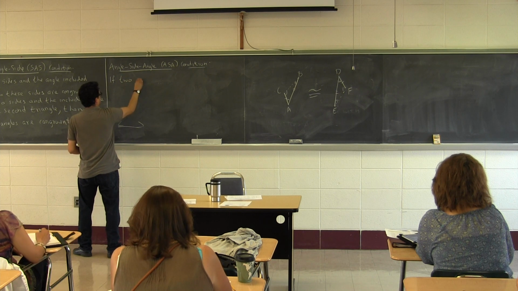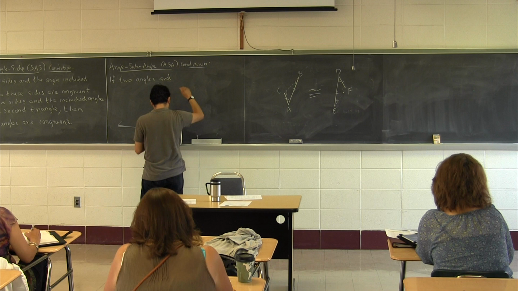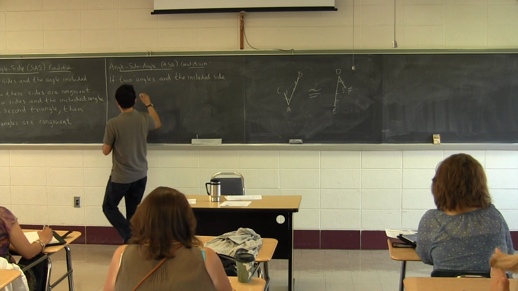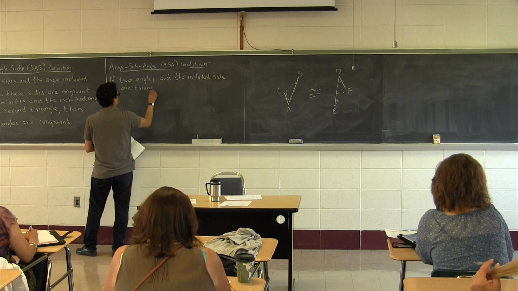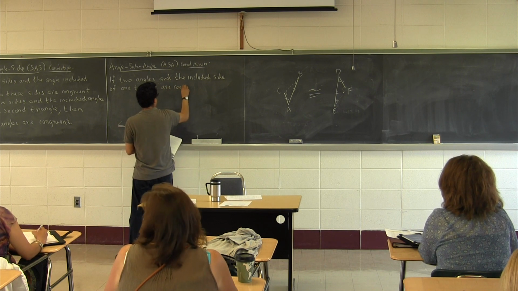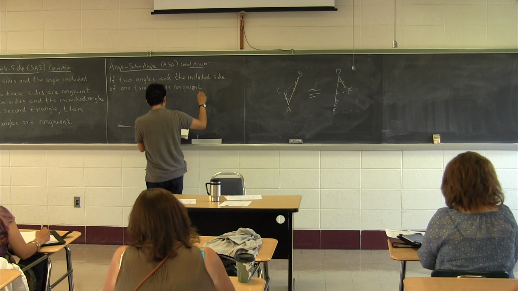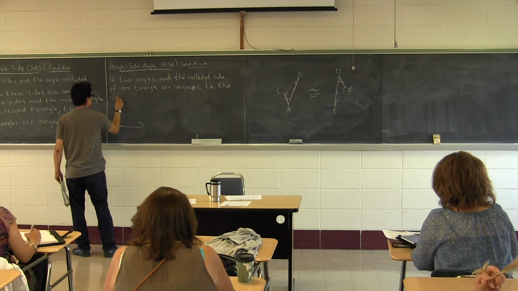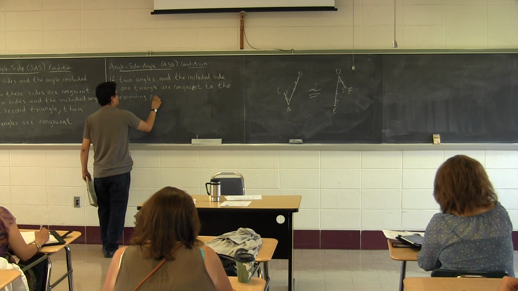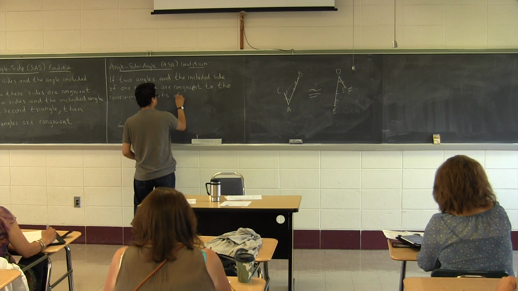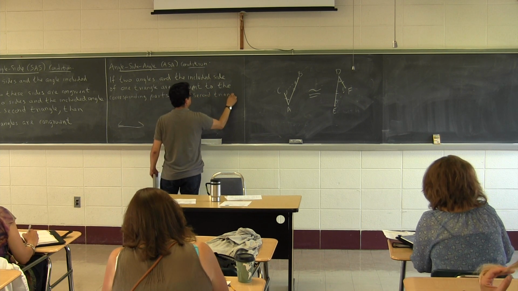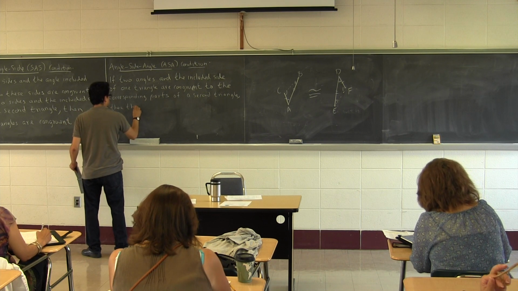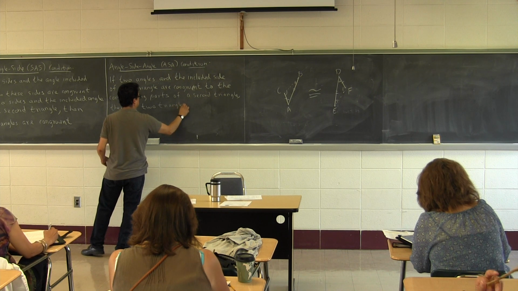So if two angles and the included side of one triangle are congruent to the corresponding parts of a second triangle, then the two triangles are congruent.